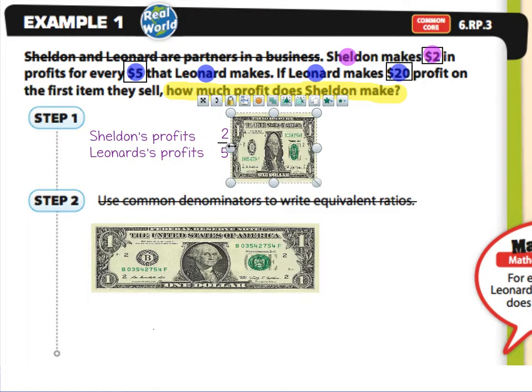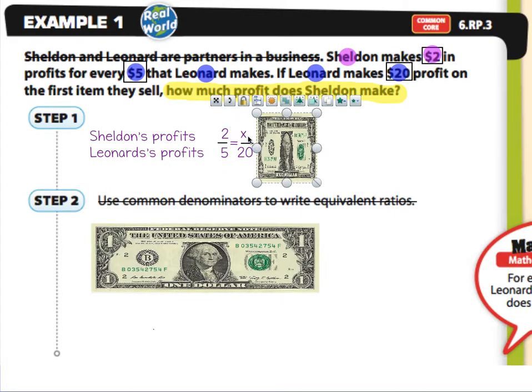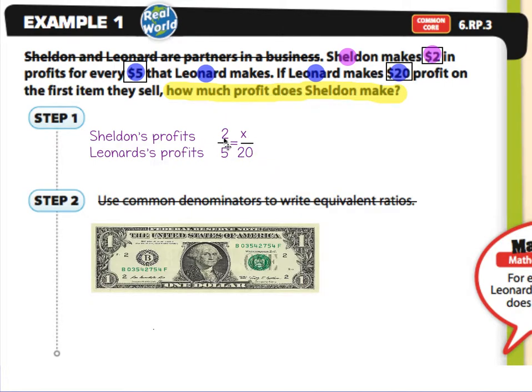But I'm going to set that up as a proportion because I know a proportion is 2 ratios set up as an equation. In this case, it's 2 to 5 is equal to something to 20, because I know that the ratio is 2 to 5, and that's going to be equal to something to 20.